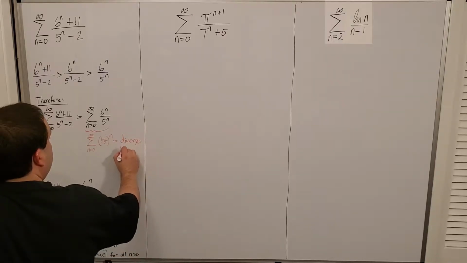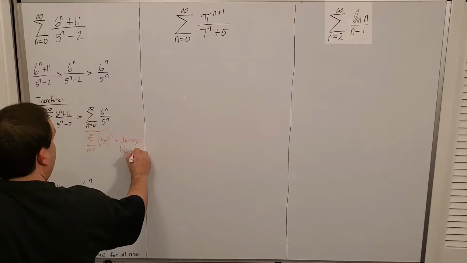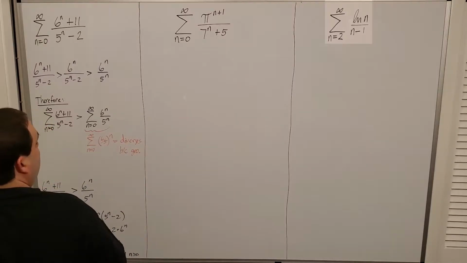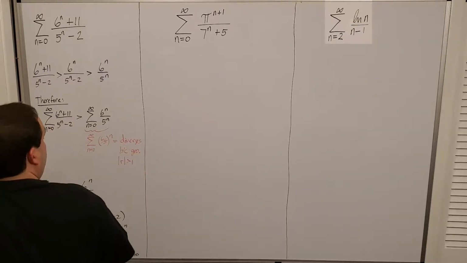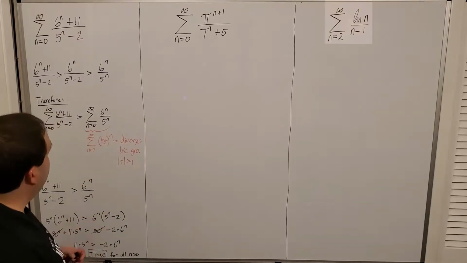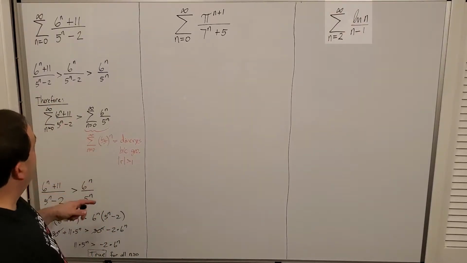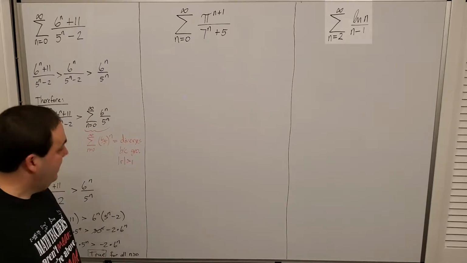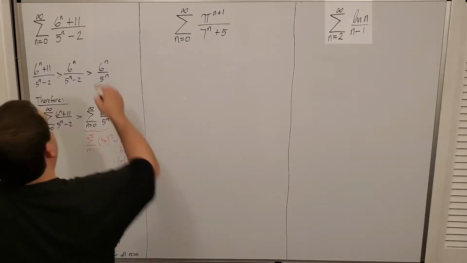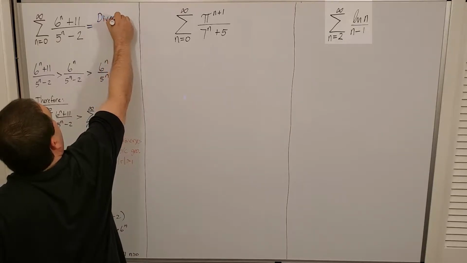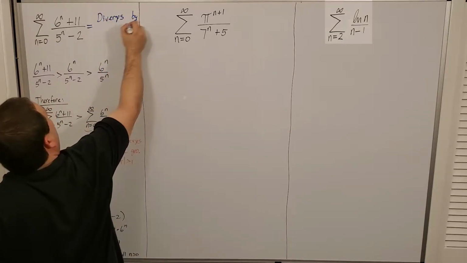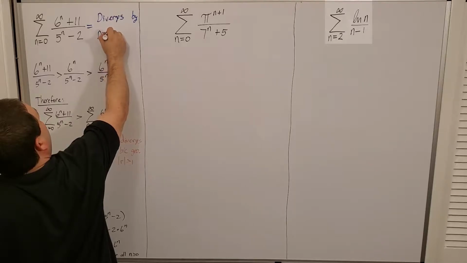All right, because it's geometric, I'll just put geo, and the absolute value of r is greater than 1. Okay, so what does that mean for my entire series? It means that this diverges by direct comparison.